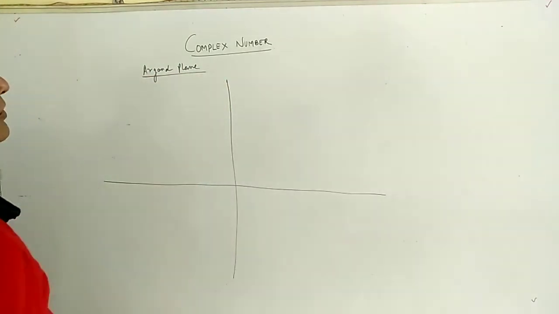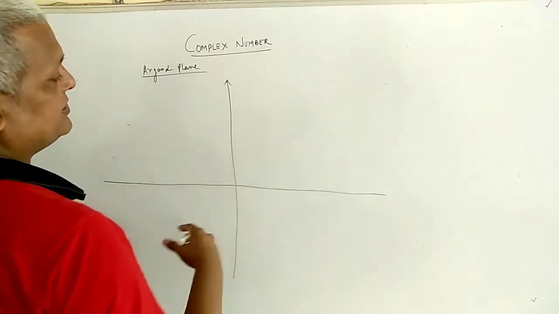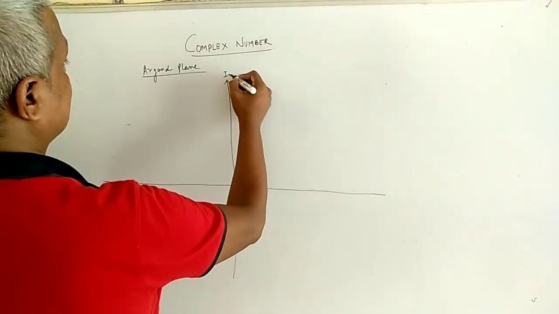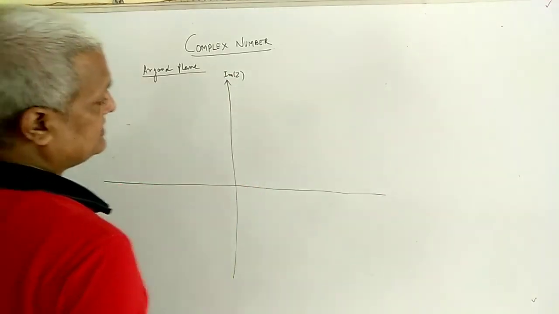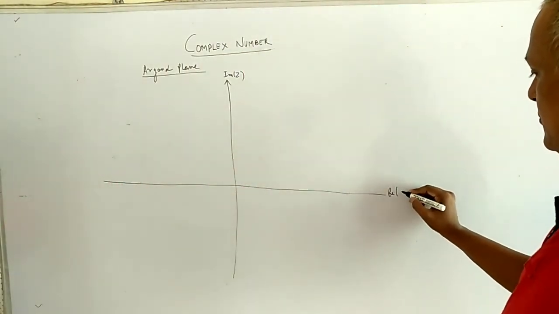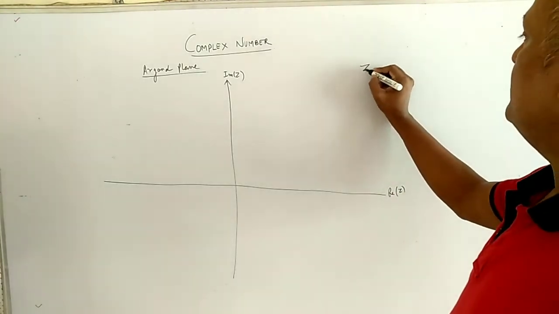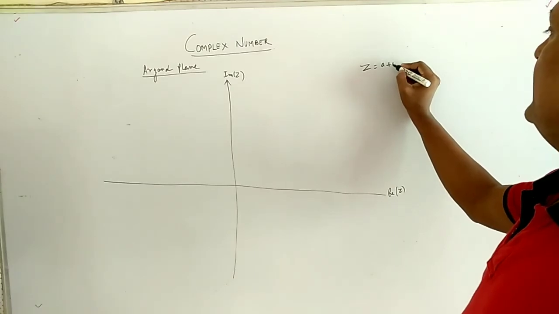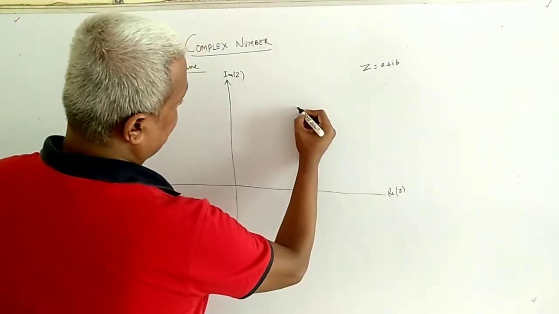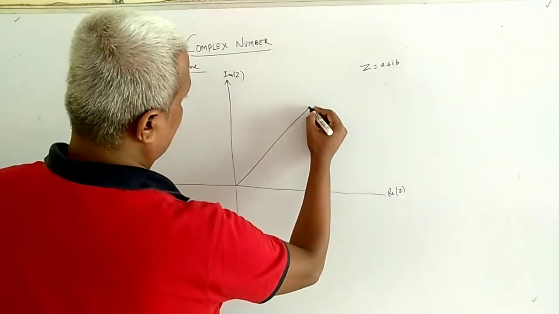Okay, so this axis we generally call the imaginary axis, and this is called the real axis. Suppose you have a number z equal to a plus ib, and that number can be somewhere here.